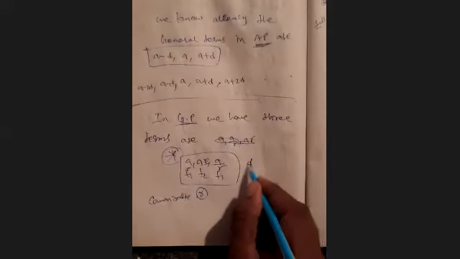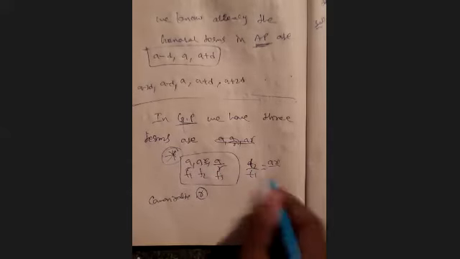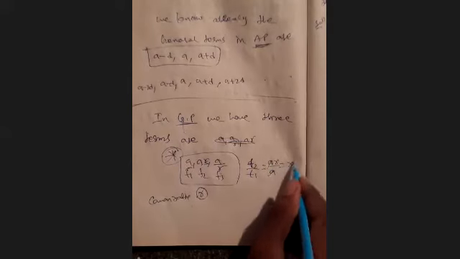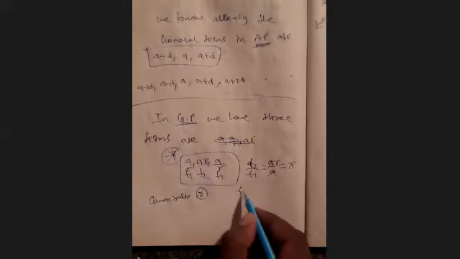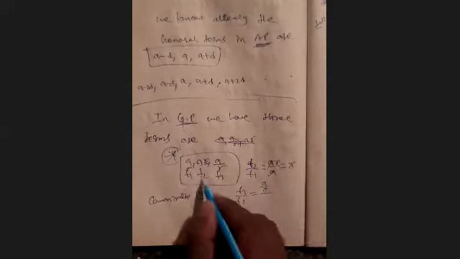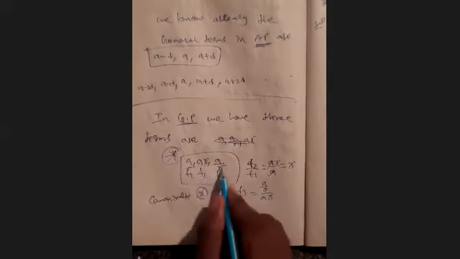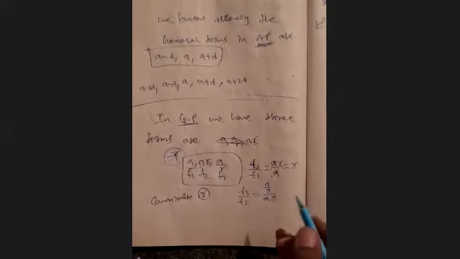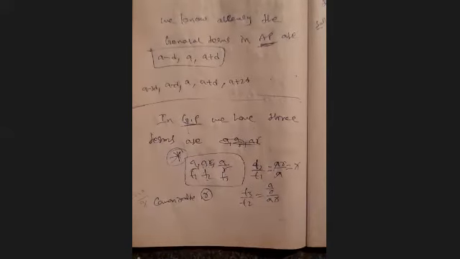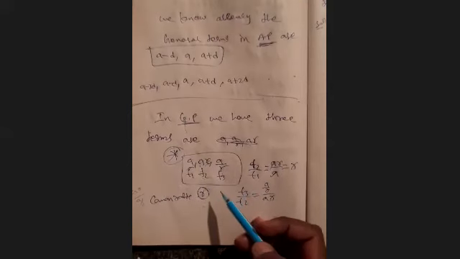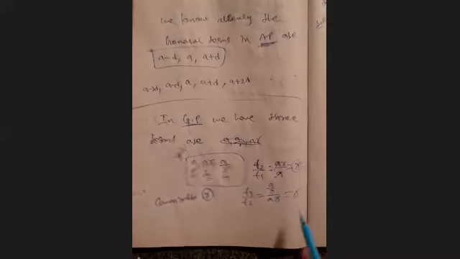I am finding T2 by T1: T2 AR by T1 A, the A cancels, giving R. Again I am finding T3 by T2: T3 A by R by T2 AR. What is the condition for GP? You should get the ratio is the same. Here also you should get R. So we are not getting that.